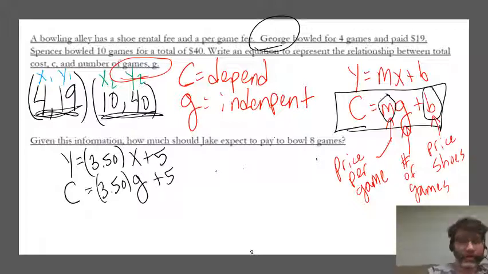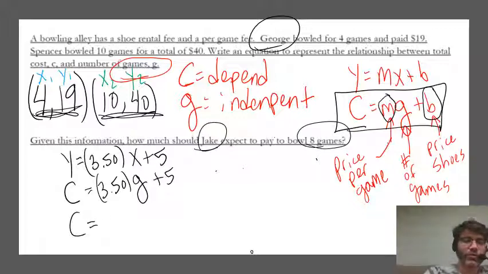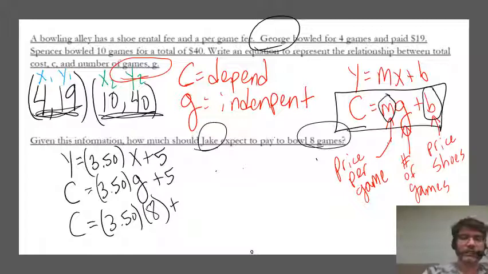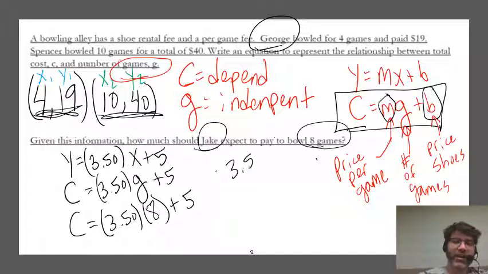Okay, so now it says Jake wants to bowl 8 games. Okay, so we can plug that in. C equals 3.50 times the number of games, which is 8. And then for everybody, including Jake, it costs $5 to rent those shoes. Okay, so that's 0, 40, 24, 28.